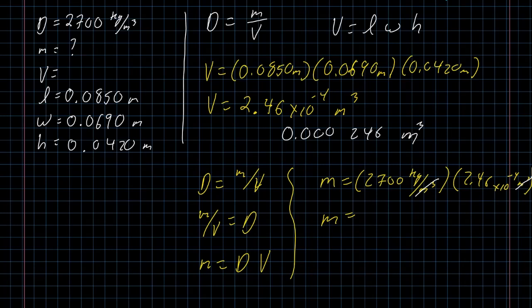And then when I multiply that number by 2,700, I get 0.6651, but my density, 2,700, only had 2 significant digits, so that's what I'm going to use as my limiting factor when I round.